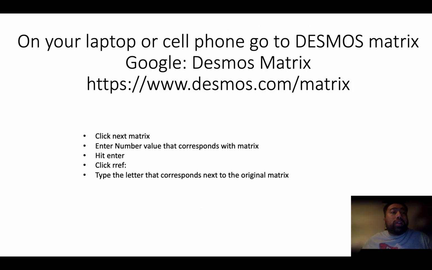Alright, guys, I want you guys to go onto your laptops or cell phones, preferably your Chromebooks, and Google Desmos matrix. If you guys want to take a picture of this, write these down. These are the steps you need to take. I will also show you the steps as well. So let's go to the next slide.